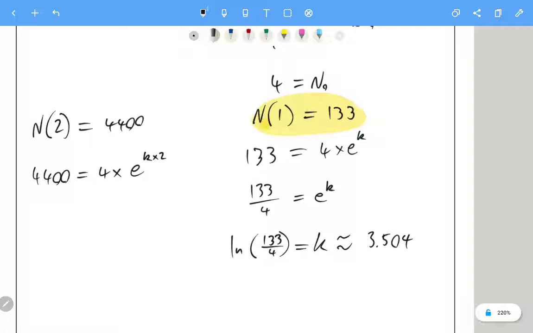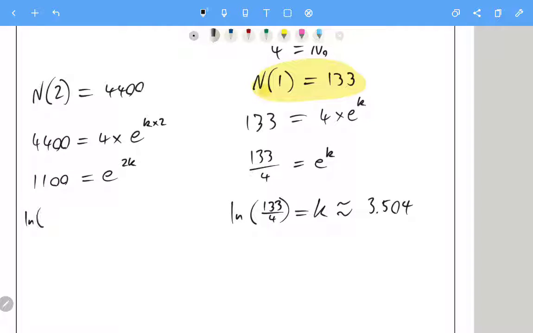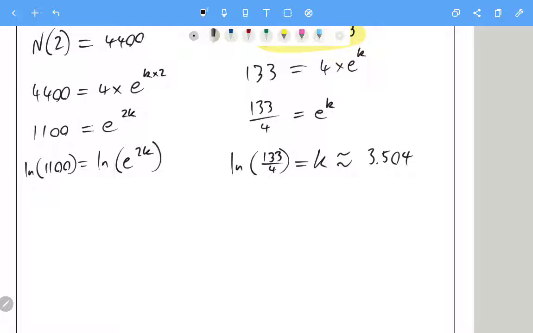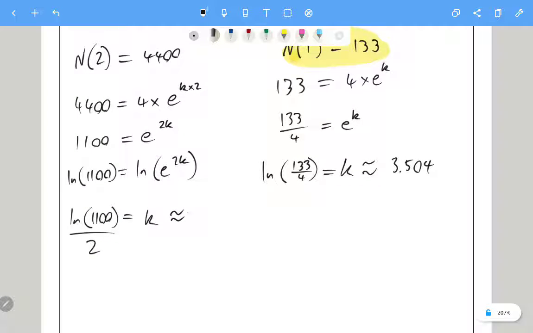Divide both sides by 4 and we'd get the natural log of both sides. Natural log cancels with the e. Divide both sides by 2. And we get that k is approximately 3.501.